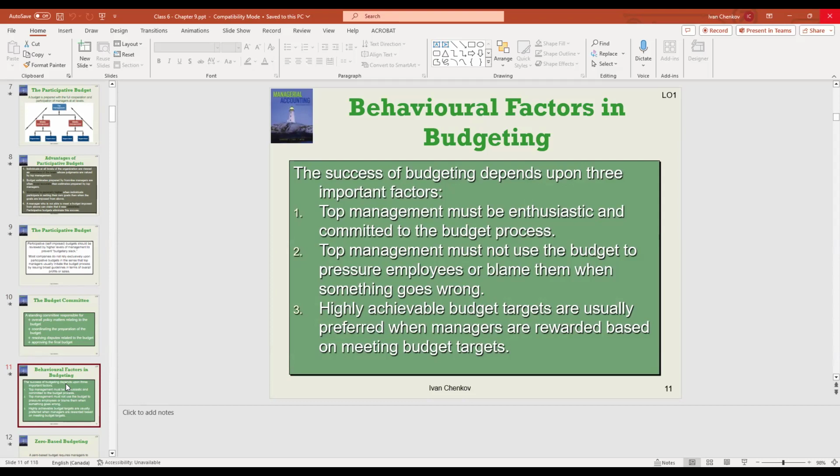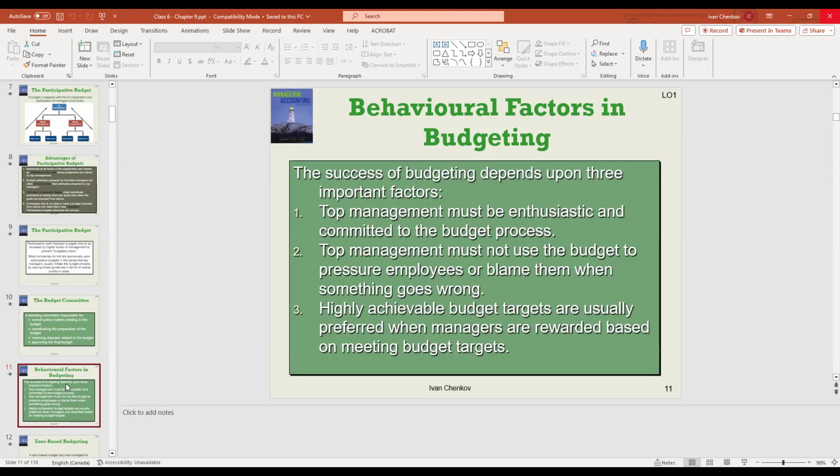And the last but not least is the budget has to be achievable in order to promote encouragement and to promote growth. To give a chance to people to actually meet the budget and get their rewards. That's going to motivate them even more.